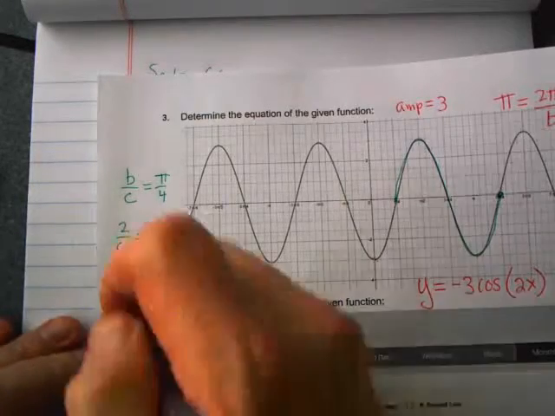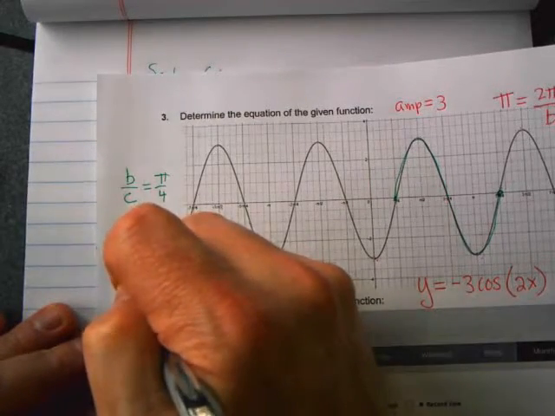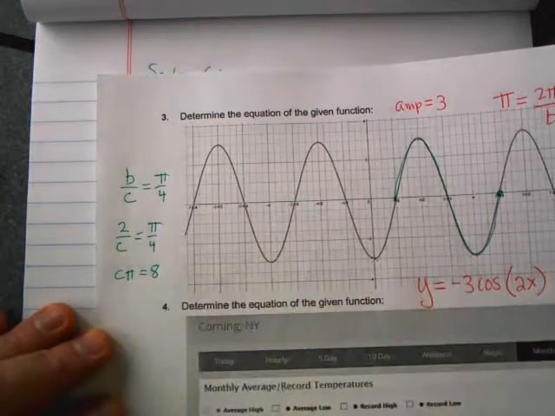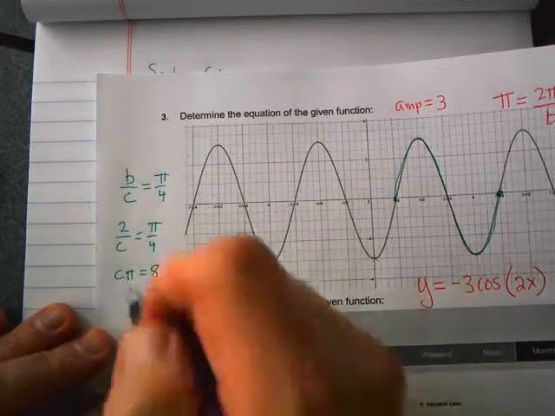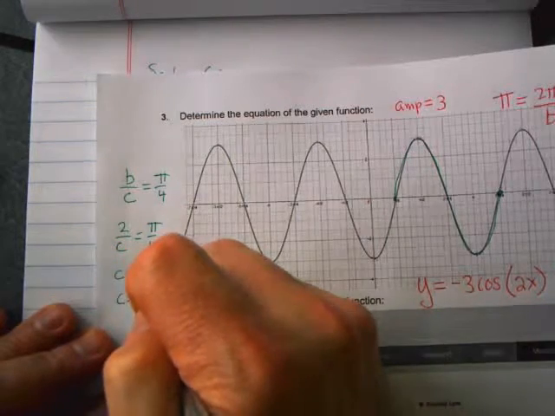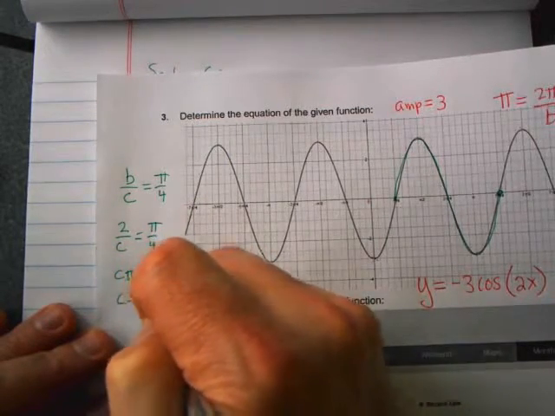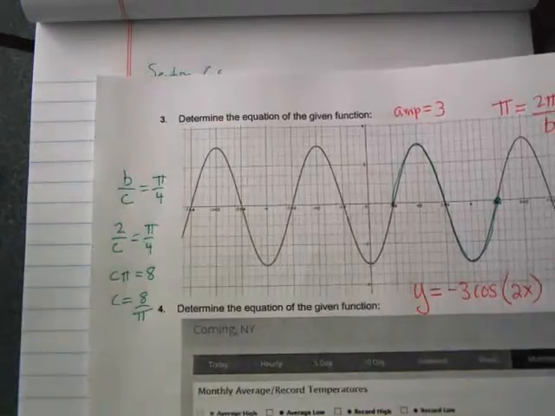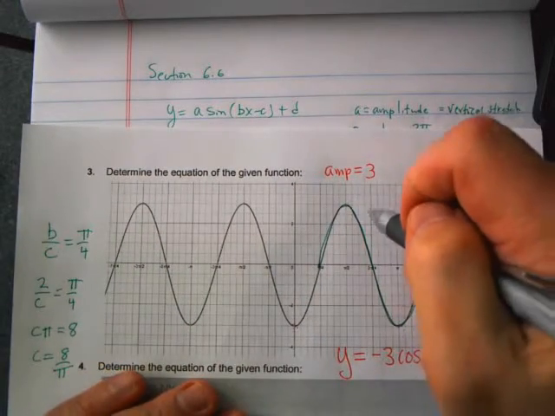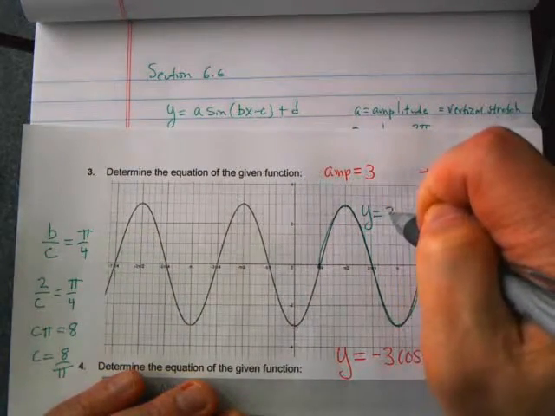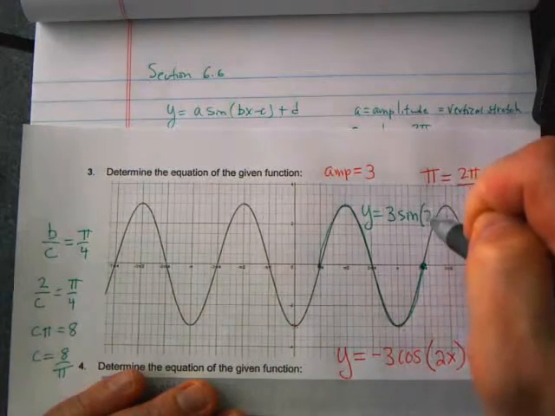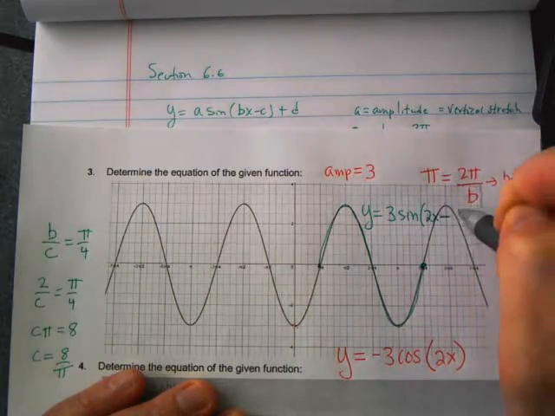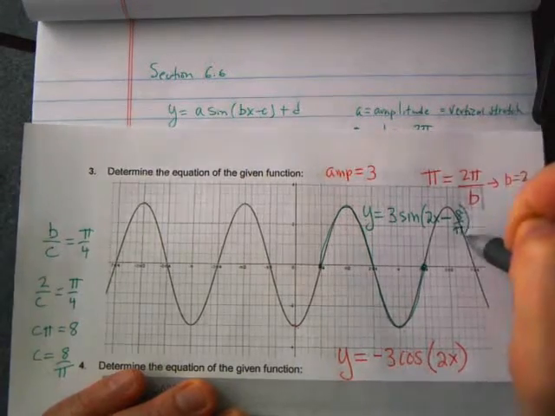Cross multiply. So c pi is 8, which means c would have to be 8 over pi. So if I wanted to write this as a sine wave, I would write y equals 3 sine of 2x minus 8 over pi.